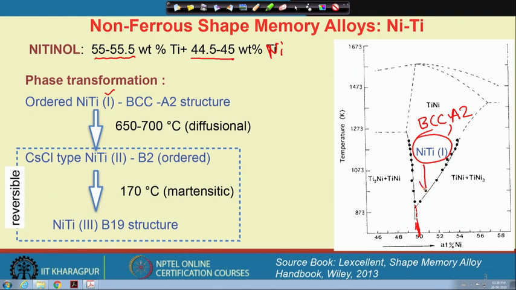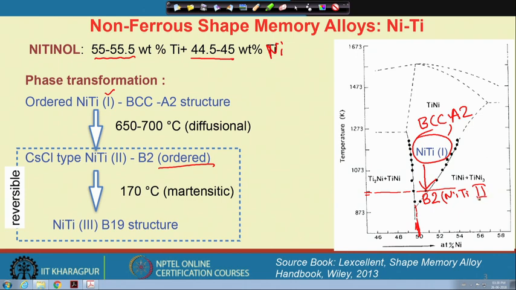Around this temperature range, the B2 phase will appear, which is an ordered phase, known as nickel titanium.